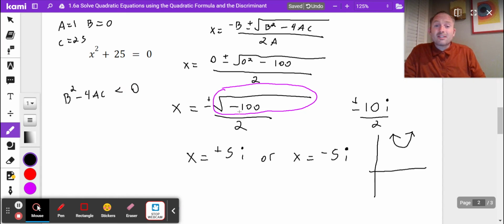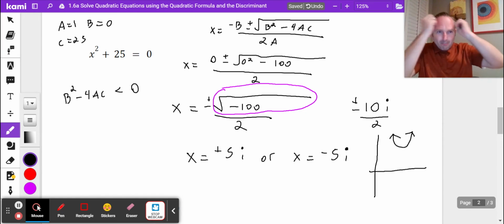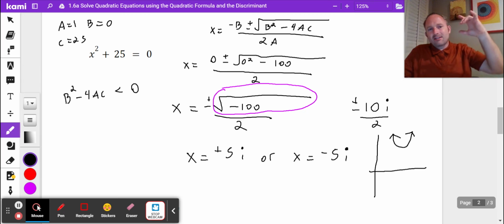So if it's smaller than 0, it's going to be negative, and we can't find the square root of a negative number. It's imaginary. It's fake. So in this situation, we'd have imaginary roots.